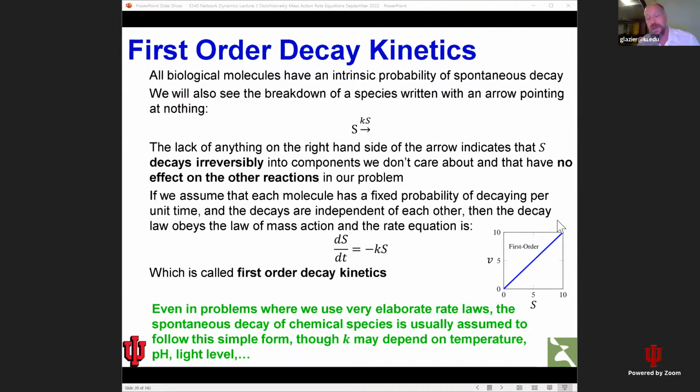A lot of people find it easier to talk about periods than rates. We tend to be better at thinking about this molecule lasts for an hour rather than thinking about its decay rate as 1 per hour. And so a lot of times it's easier to write the rate K as 1 over the lifetime.